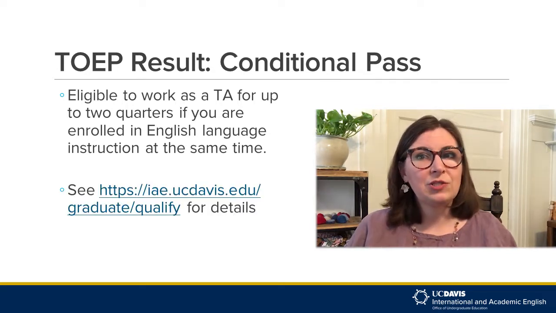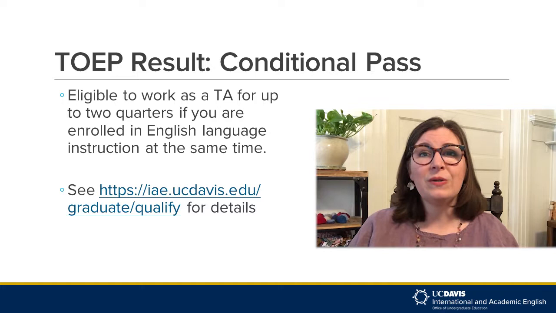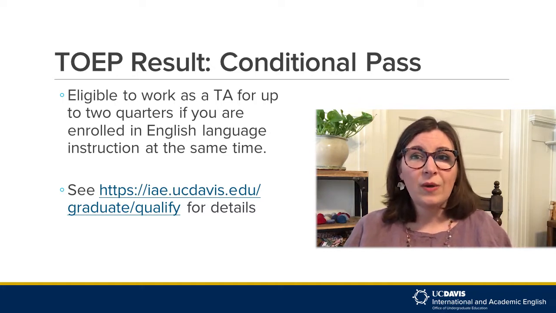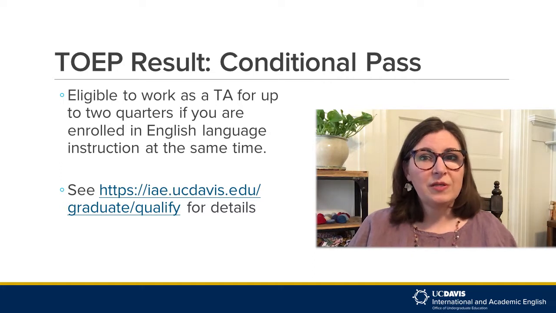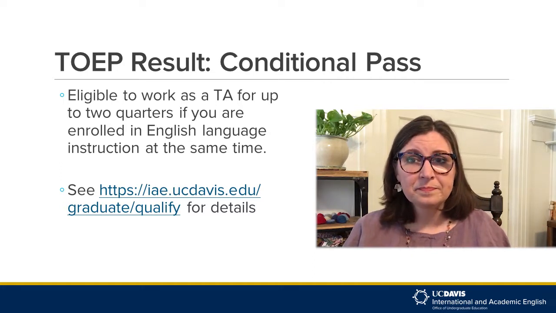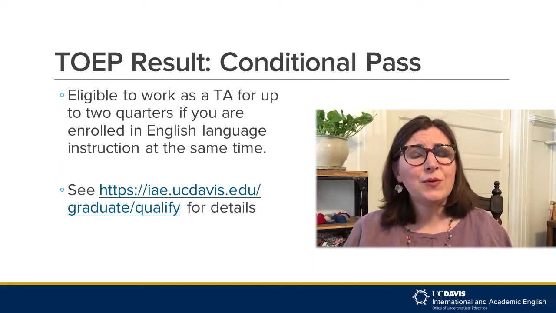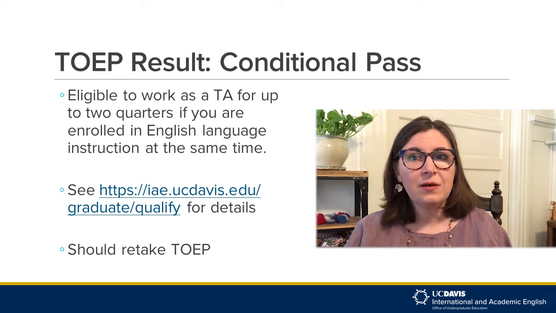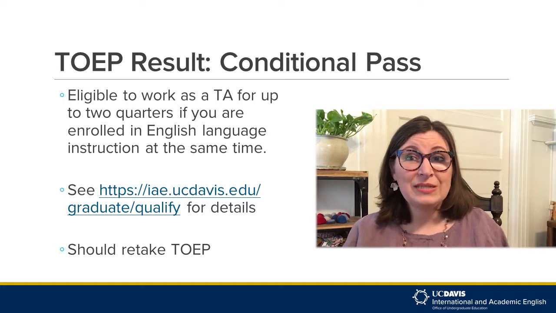For more information about your instruction options when holding a TA position with a conditional pass, please check our website or come to a TOEP feedback session after the exam. Finally, if you have a conditional pass, you should plan to retake the TOEP and try to achieve a pass. I'll talk about retaking the TOEP in just a moment.